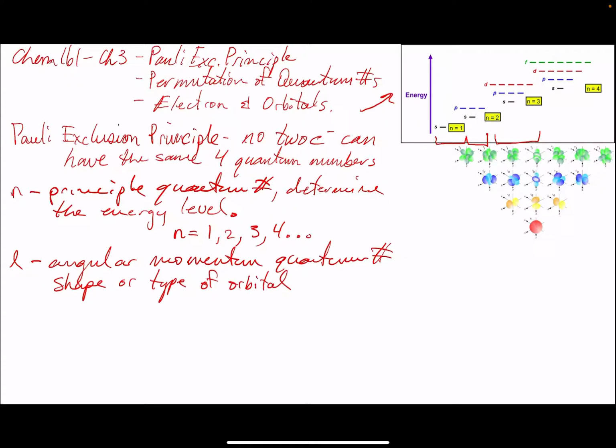Okay, so based on the situation for n in question, we can determine what options l is allowed to be.